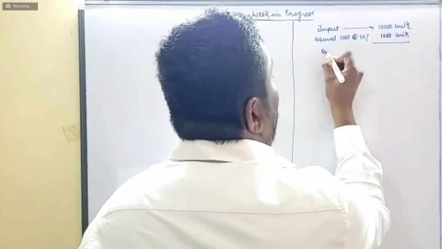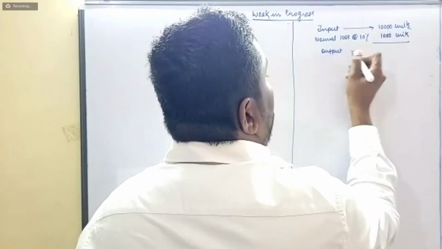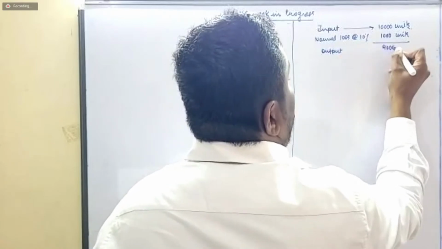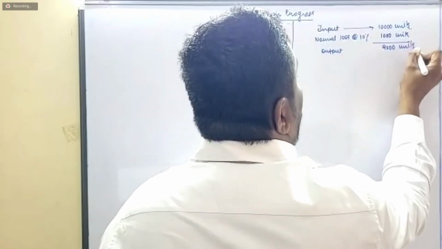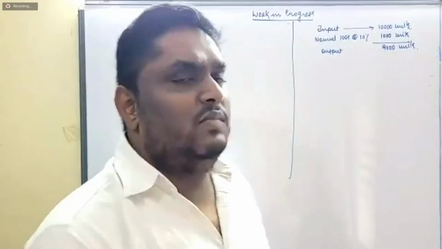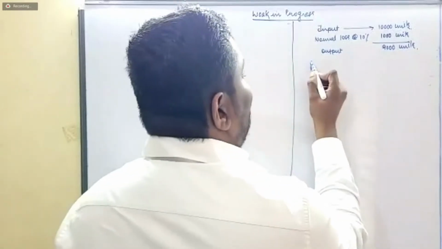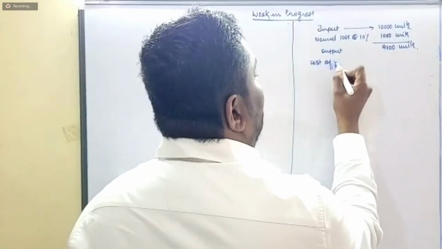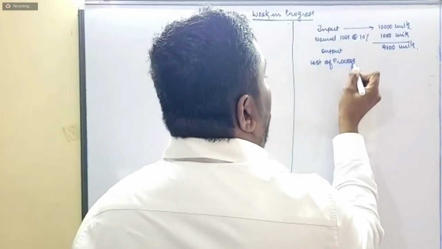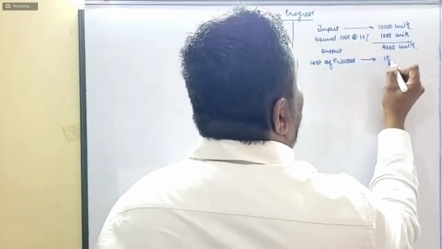And let's say my output is 9,000 units. Herein, let's say my cost of process is 1,80,000.